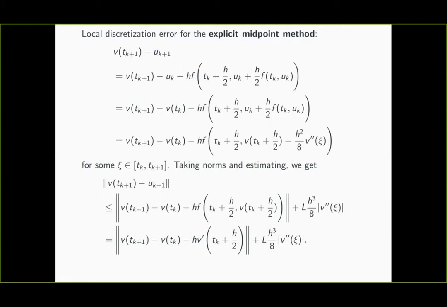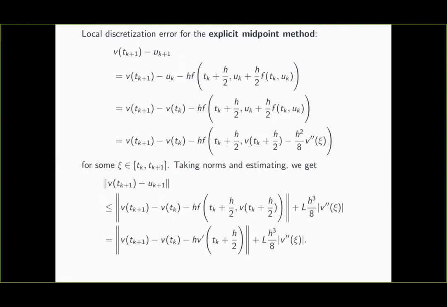Let us begin with analyzing the local discretization error for the explicit midpoint method. So suppose we have our iterate u_k, we have computed u_{k+1}, and then the local discretization error, by definition, is the difference v at time t_{k+1} minus u_{k+1}.